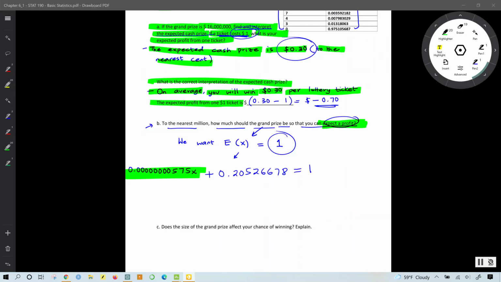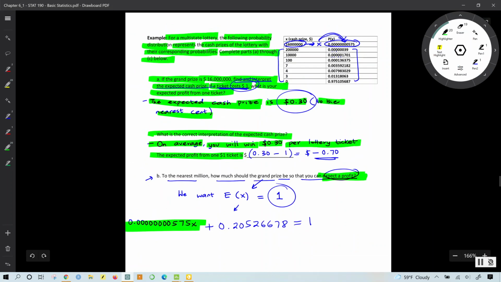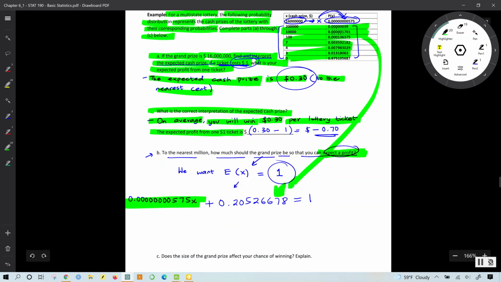So here I am back in my working bench. I have the expected value for all the shaded parts. That is equal to this value. That is equal to 1. And so I'm going to subtract 0.20526678 from both sides.